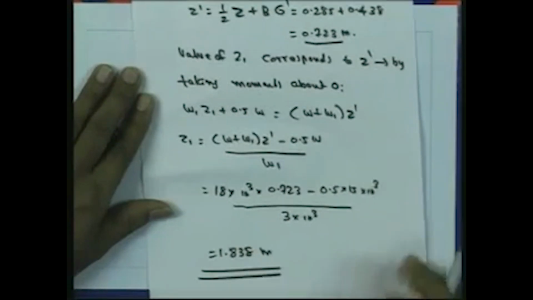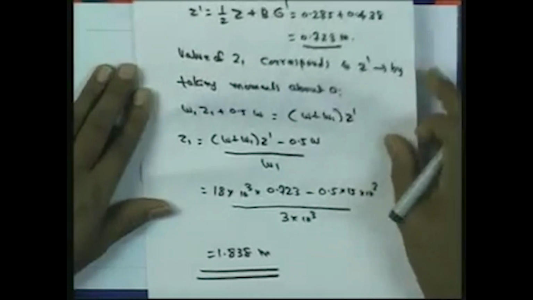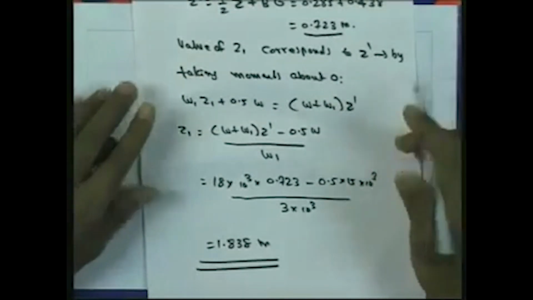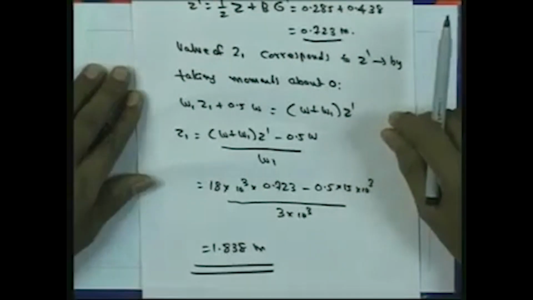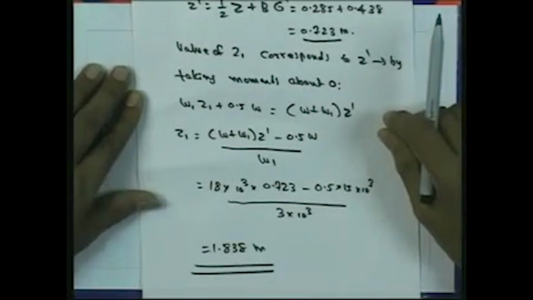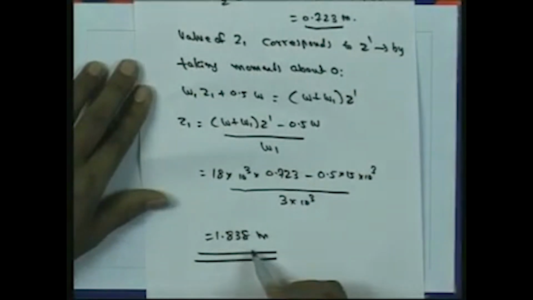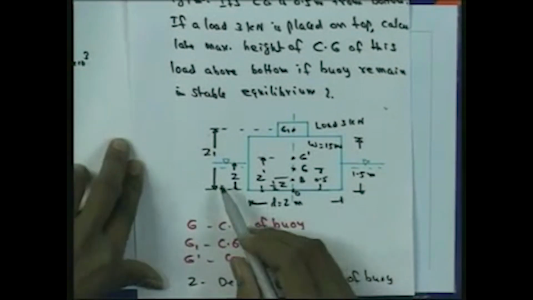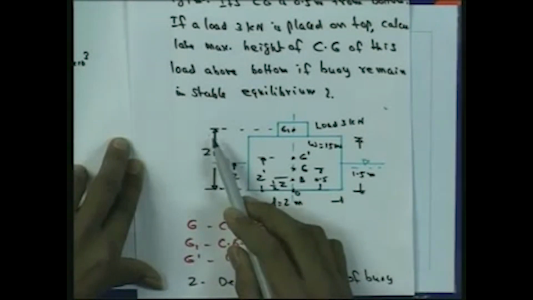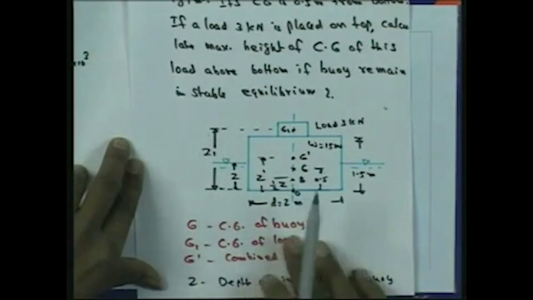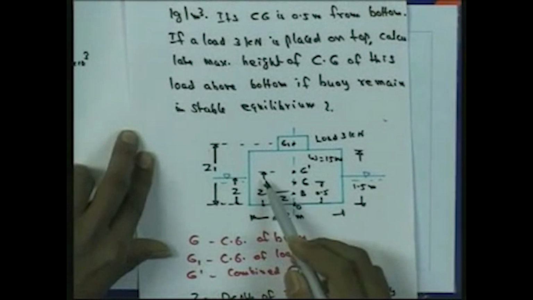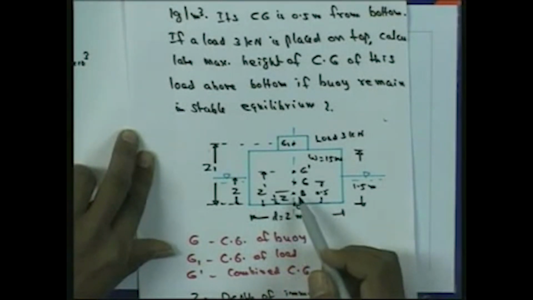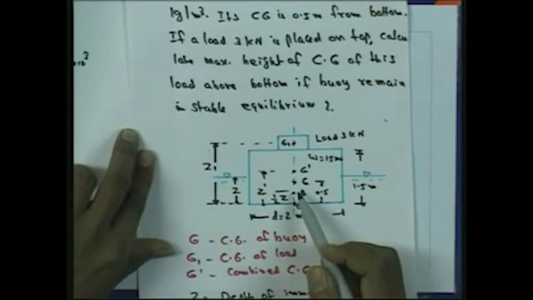So finally, we get Z1, the distance from the bottom of the buoy to the center of gravity of the extra load placed, as 1.838 meter. So here we have determined Z1 as 1.838 meter, and Z dash as 0.723 meter. This gives the solution of the problem.